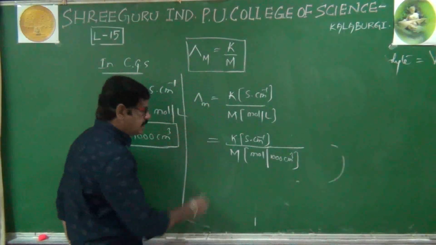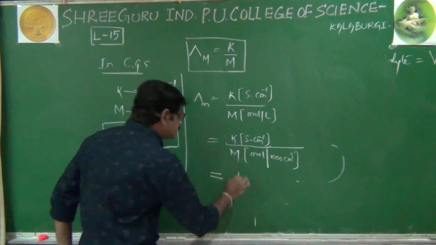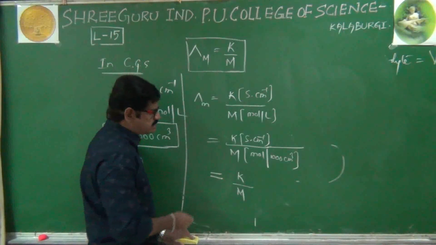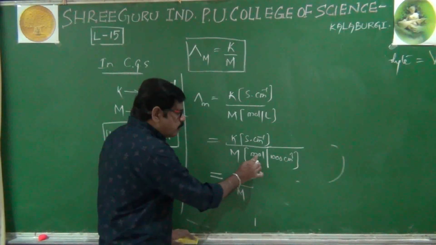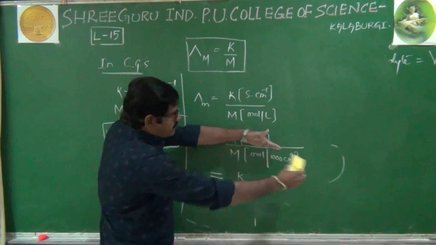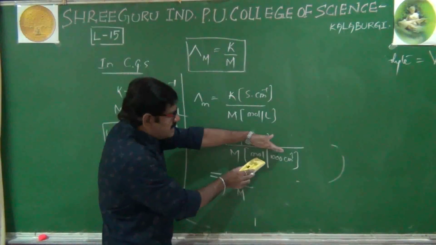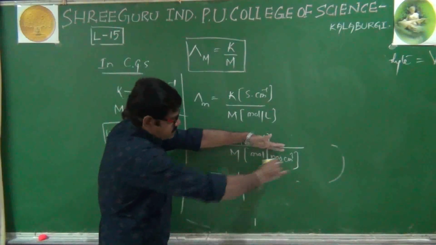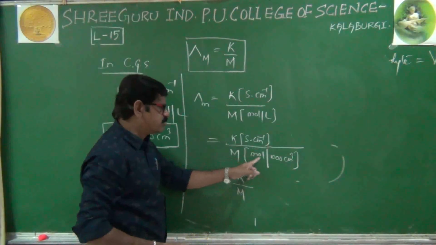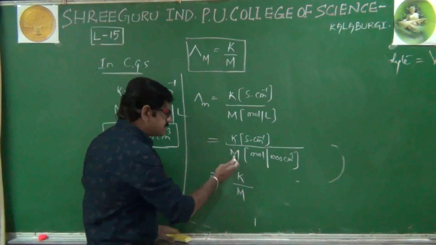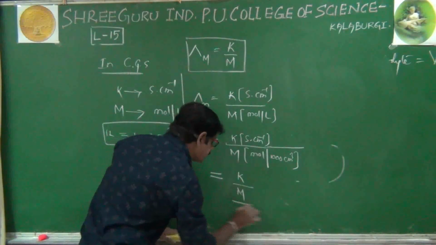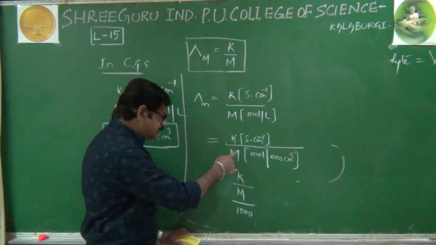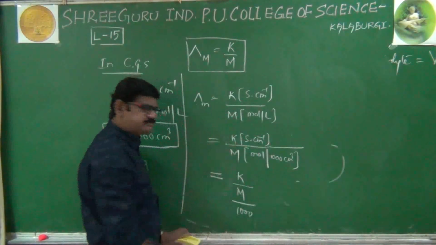Now again I am extending here K by m. Now see here, mole is in the numerator part and 1000 centimeter cube is in the denominator part. Therefore I will write it like this, m by 1000. K by m by 1000.